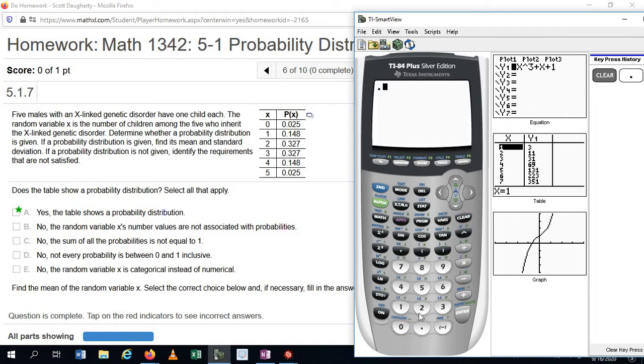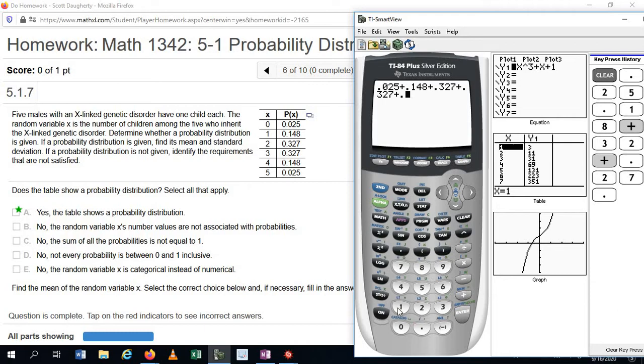Okay, so you have 0.025 plus 0.148 plus 0.327 plus another 0.327 plus another 0.148 and then another 0.025. So if you add up those probabilities, you can see that you do get 1. Okay, so both conditions are satisfied. So we do have a probability distribution here.